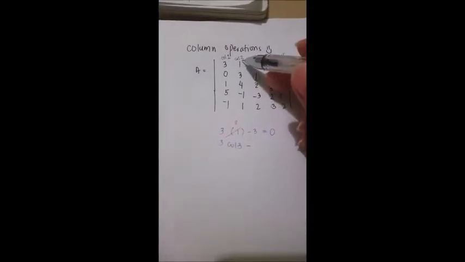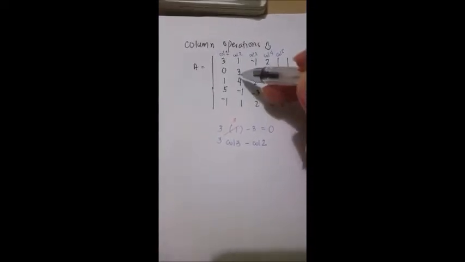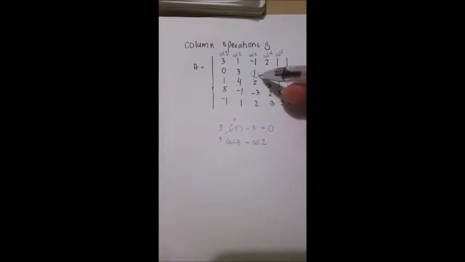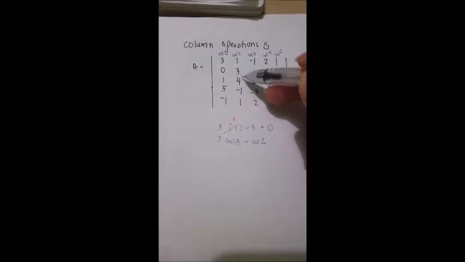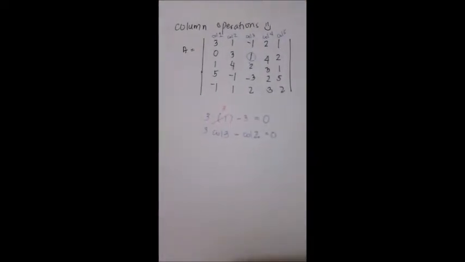That is from column 2. Ayan, so 3 times column 3 minus column 2, that is equal to 0.